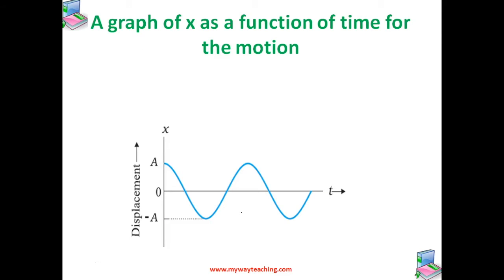And in the coming figure, in this figure, you can see it plots the graph of x versus t, that is displacement versus time, and the quantities again A, omega, and phi, which characterize a given simple harmonic motion.